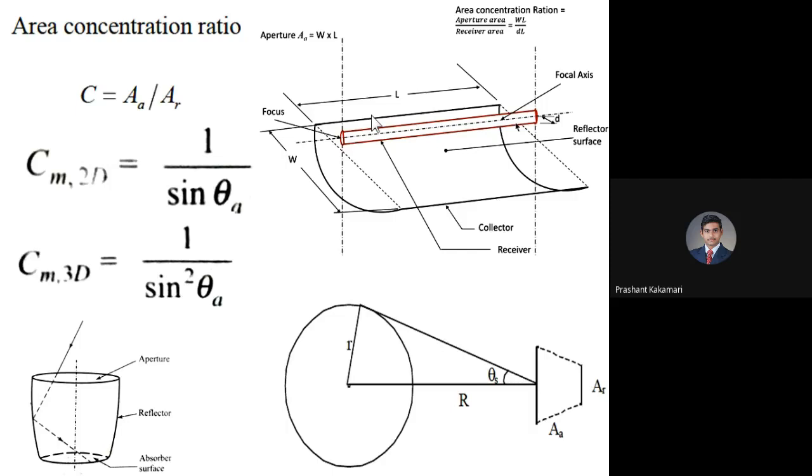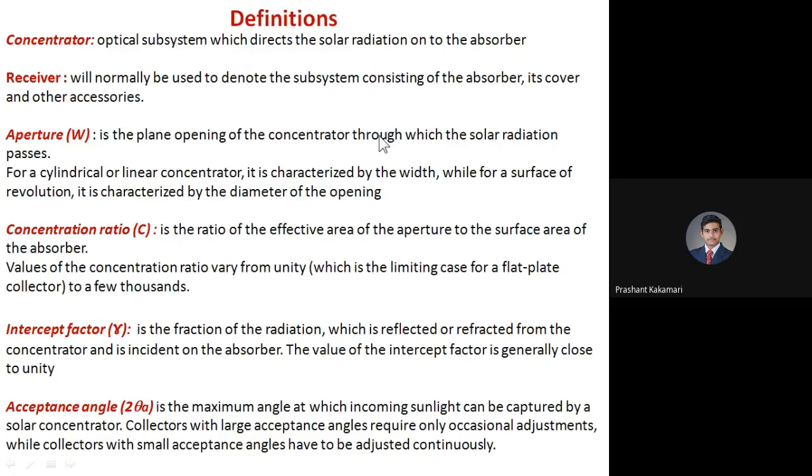That fraction of radiation to the absorber, how much is received from the concentrator only. Okay, that intercept factor is the total solar radiation reflected or refracted back from the concentrator of the collector to the receiver. So there may be a few losses. So that's why we are calling it a fraction.